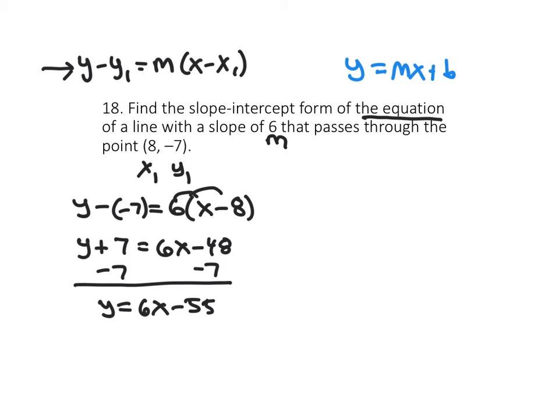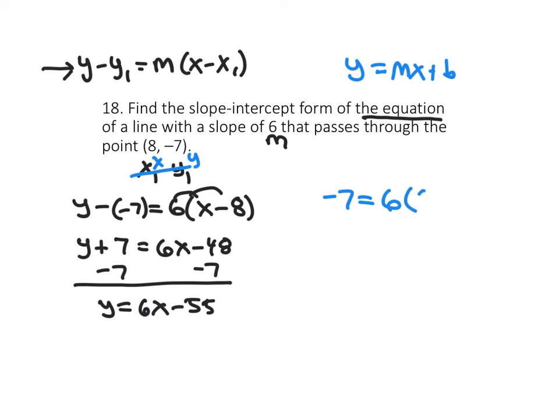Now if I switch over to the slope-intercept form, instead of x1 and y1, I'm going to treat these two as x and y. So I replace y by what it's equal to, -7. I replace m by what it's equal to, 6.